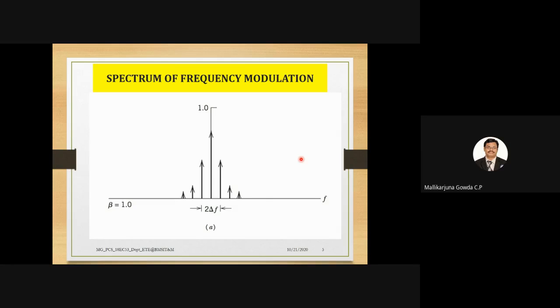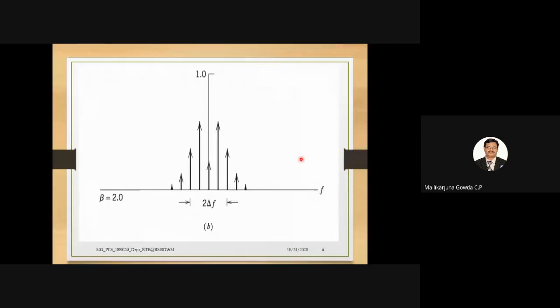Okay, let me show how the spectrum will look for some other value of beta. This is when the value of beta is 2. See what you are observing here. The number of side frequencies is increasing.